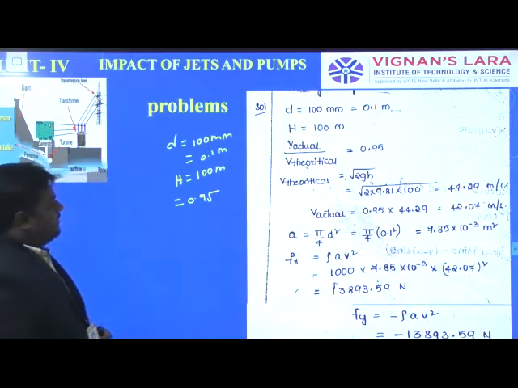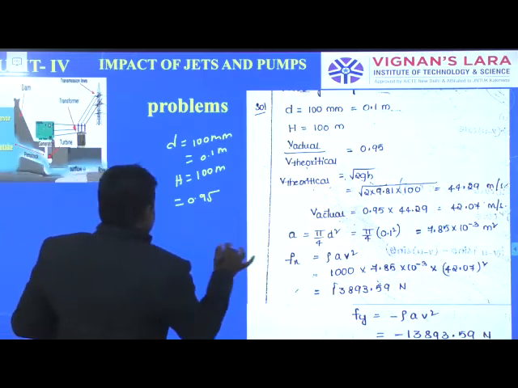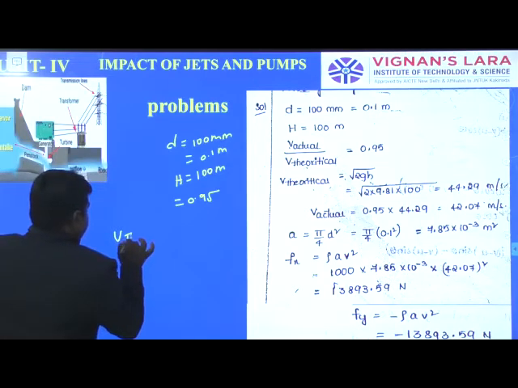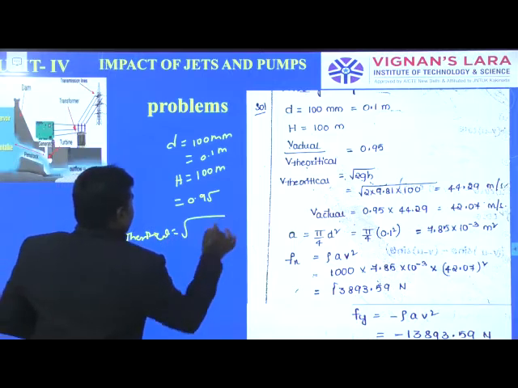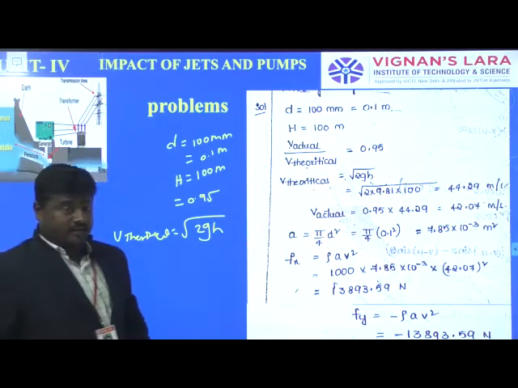Then the theoretical velocity, we know the formula: square root of 2gh.